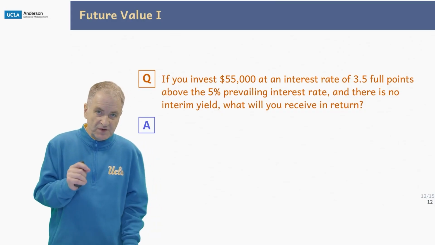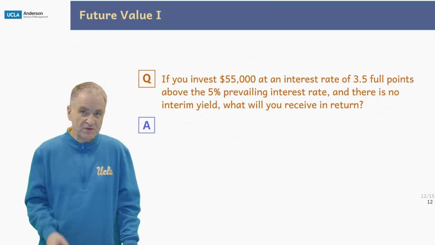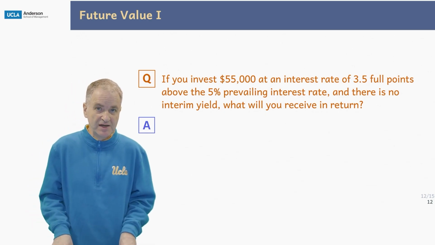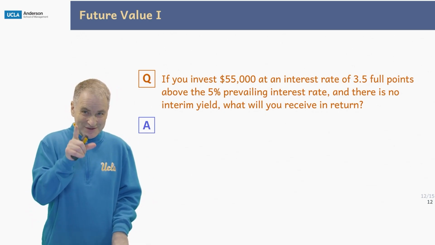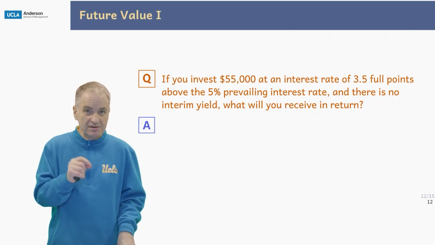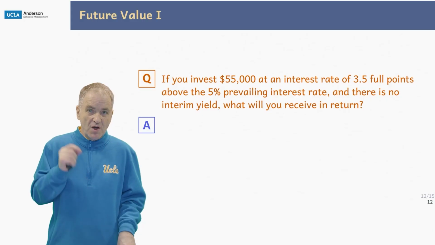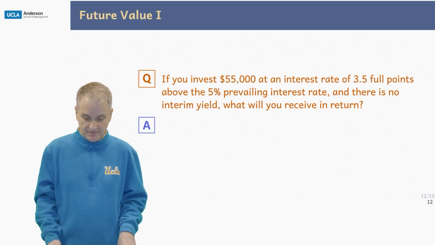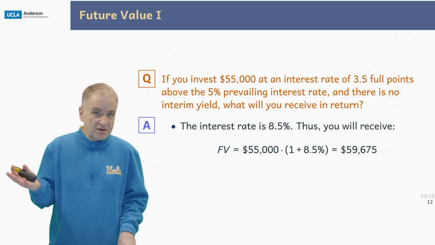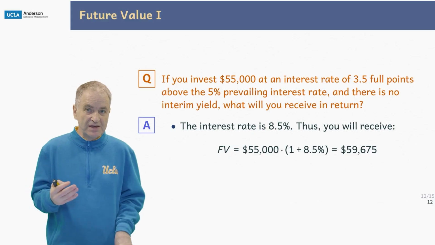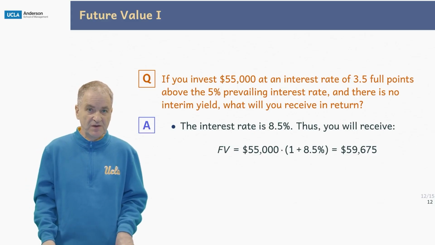If you invest $55,000 at an interest rate of 3.5 full points above the 5% prevailing interest rate, notice I'm using the point concept, which I just taught you about, and there is no interim yield, no dividends, no coupons, what will you receive in return at the end? Well, the interest rate is 8.5%. Thus, you will end up with $59,675. That is called the future value.